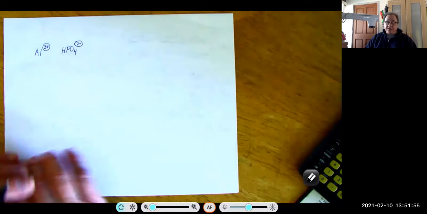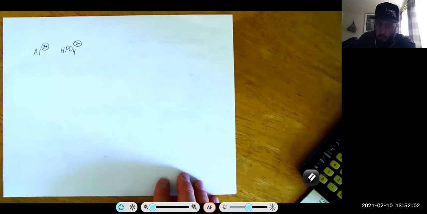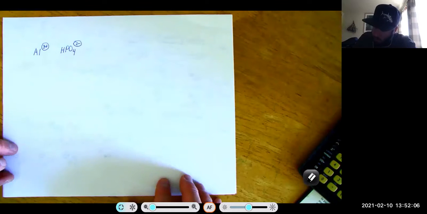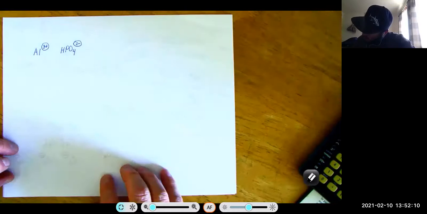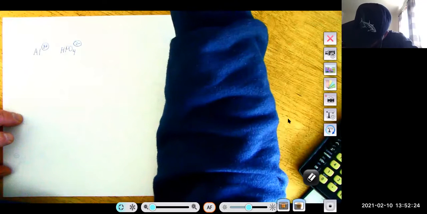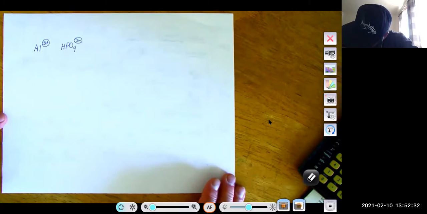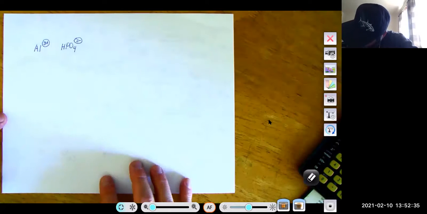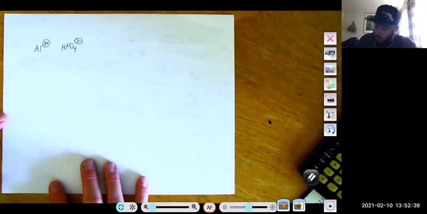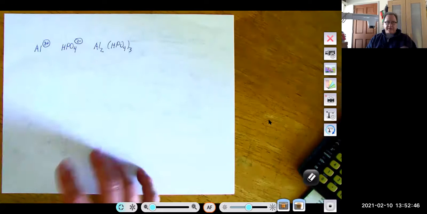Here's the 2 ions where I'd like you to write out the formula for the compound, okay? Okay. Al2(HPO4)3. Perfect.